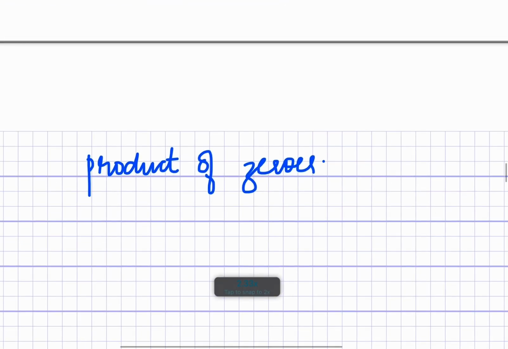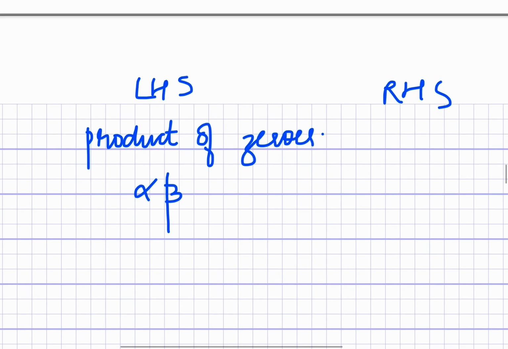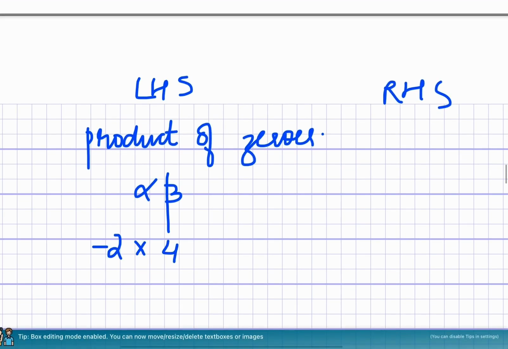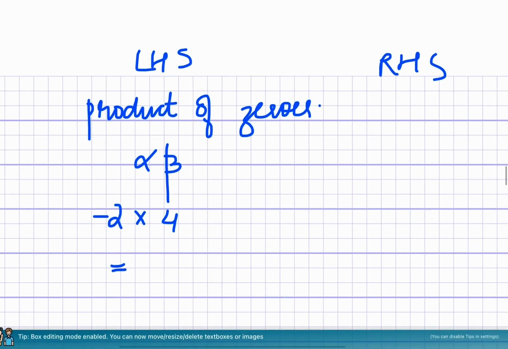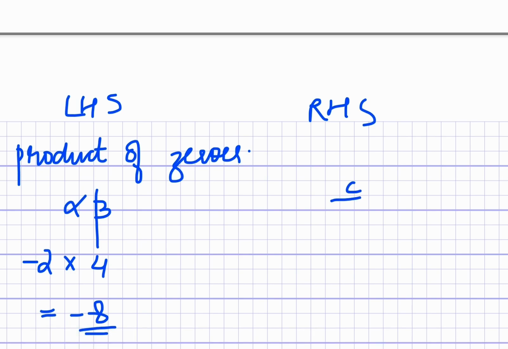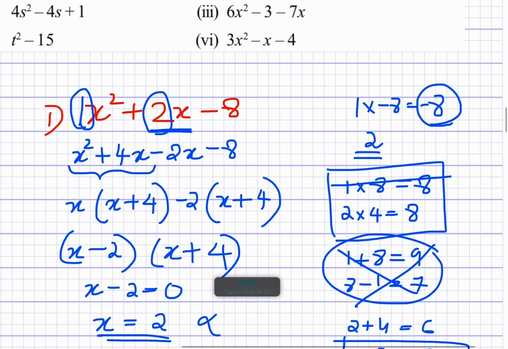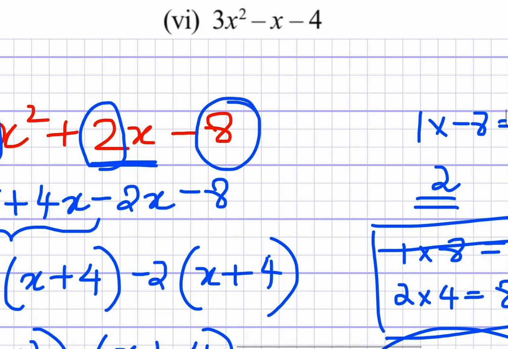Now we can look at the product of zeros. What is the equation? Alpha beta. LHS, alpha beta, so 2 into minus 4. The answer is 4 twos are 8, minus 8. And RHS, what should it be equal to? C by a. What is c in the question? The constant. It is 8.